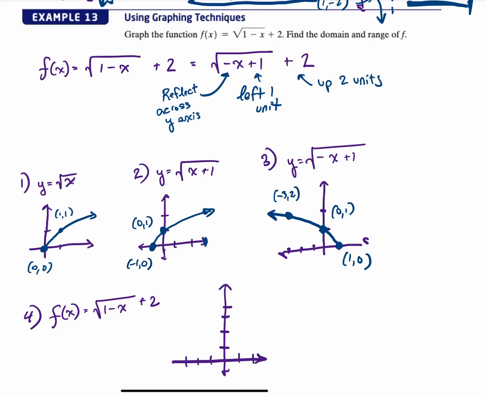So instead of 1, 0, I should have the point 1, comma 2. Imagine going straight up. Instead of 0, 1, I should have the point 0, 3. Instead of negative 3, 2, I should have negative 3, 4.